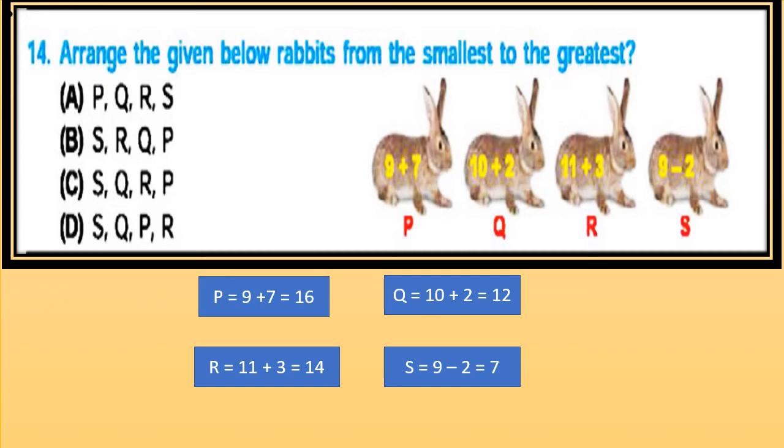R is 11 plus 3, 14. And S is 9 minus 2, 7. Now arrange these numbers from smallest to the greatest. So smallest number will come first and greatest will come last. Now choose your answer and write your answer in the comments with question number.